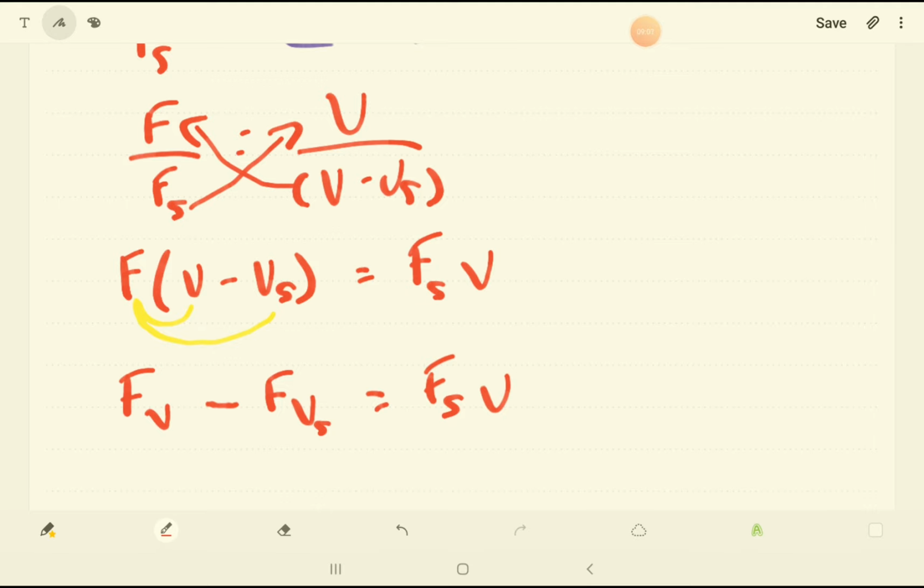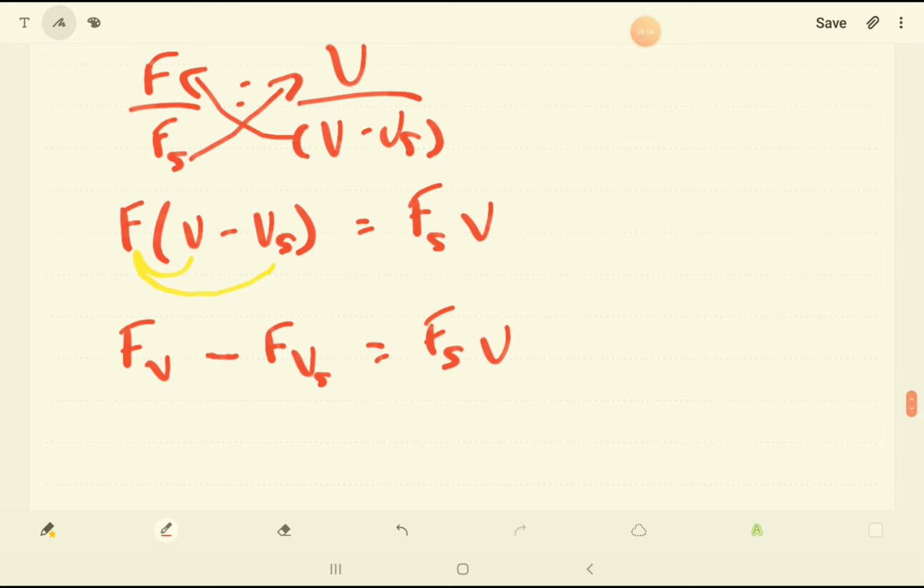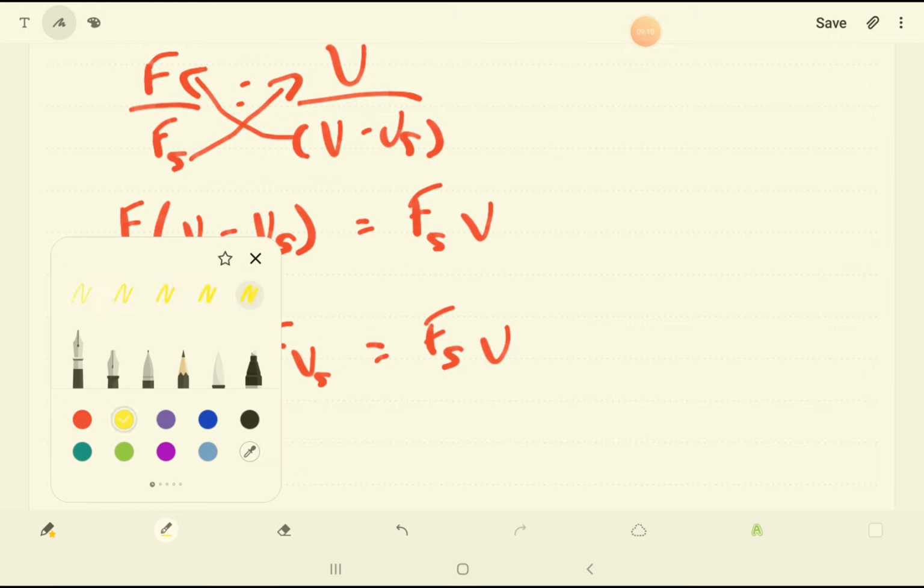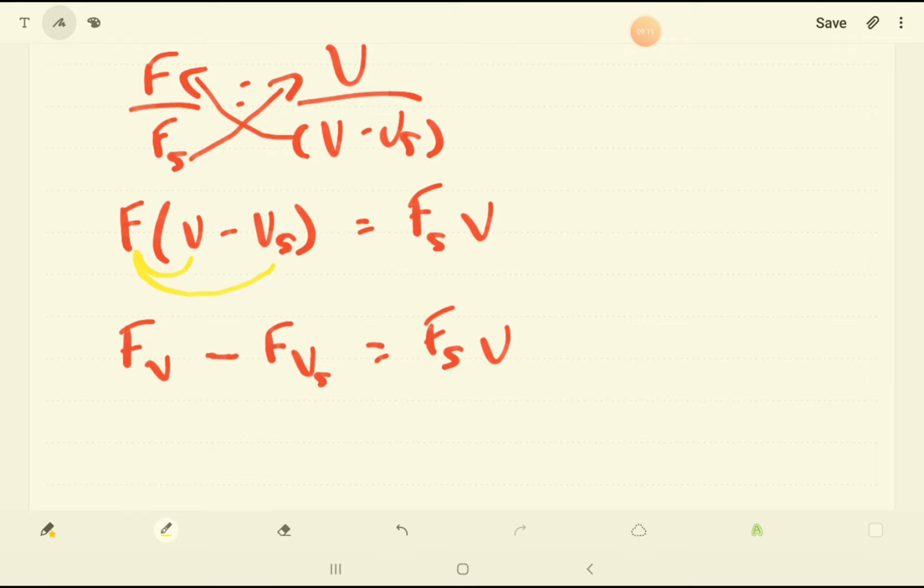At this point, I'm going to try and put all like terms on the same side. And by like terms, we mean that they're similar variables. This here and this here can be considered like terms because they both have the V. And so I'm going to move this over here.